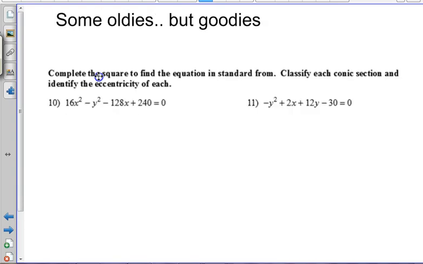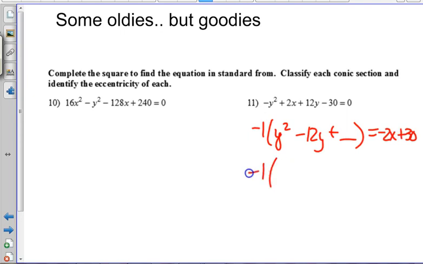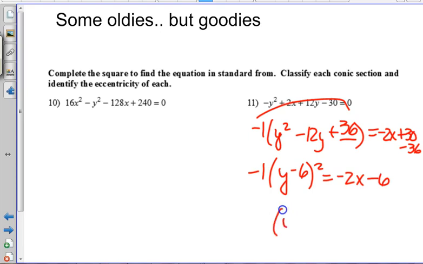What about this? This is on the quiz. If I was doing this one over here, I'd take a -1y squared minus 12y plus blank and move everything else to the other side. I would complete the square. This would be a minus 36 on this side. So I'd have equals -2x minus 6. And then I would divide by the -1.